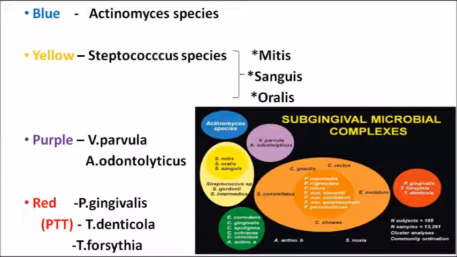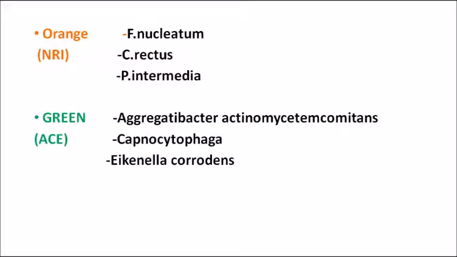So, P. gingivalis, T. denticola and Tannerella forsythia, PTT. Then orange complex can be remembered using the acronym NRI: nucleatum, rectus and intermedia. And green complex ACE, we already said AA or Aggregatibacter actinomycetemcomitans, Capnocytophaga and Eikenella corrodens.